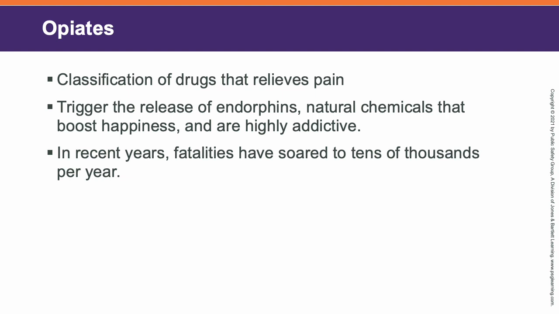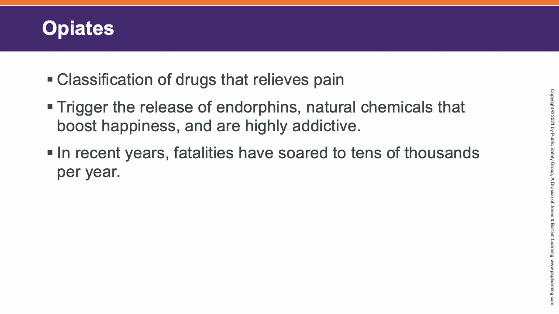So opiates. Opiates are a classification of drugs that relieve pain. They trigger the release of specific endorphins, which are natural chemicals that boost happiness. And because of that, they're highly addictive. In recent years, as many of you probably know, the fatalities associated with opioid abuse and overuse has been really bad.